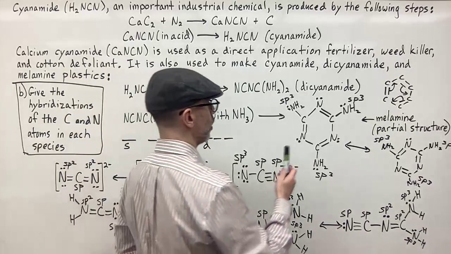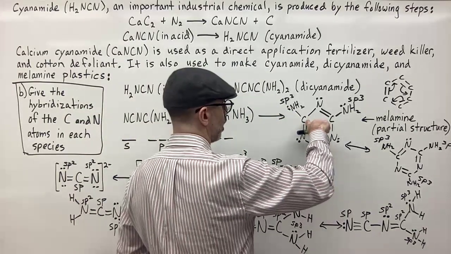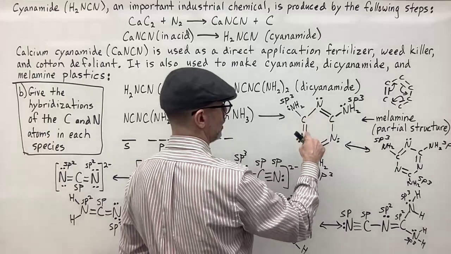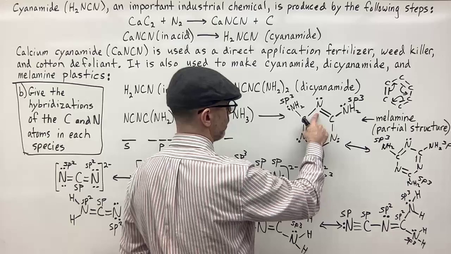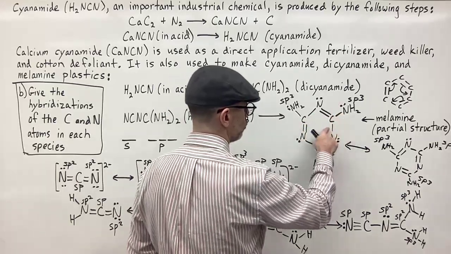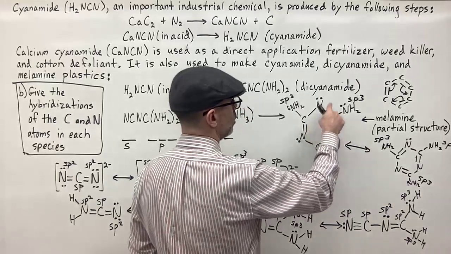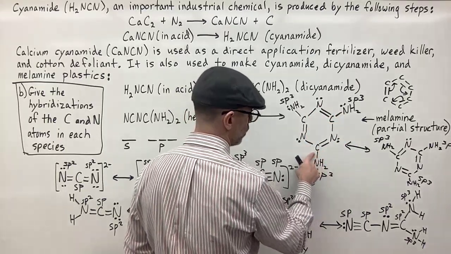Okay, so for the carbons, you could see all of these are the same. So you have 2 single bonds, a double bond. 2 single bonds, double bond. Here you have 2 single bonds, double bond.